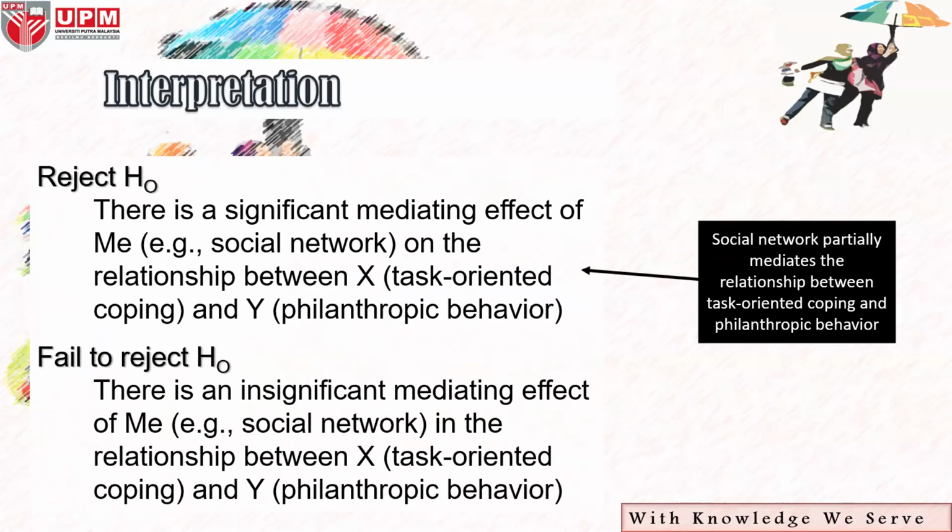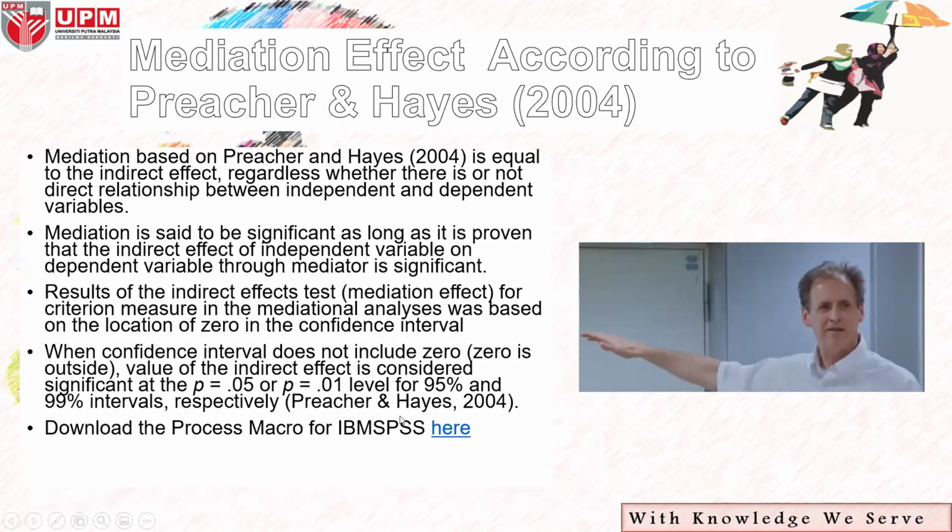We reject the null hypothesis, indicated that there is a significant mediating effect of the mediator, which is social network, on the relationship between X, which is task-oriented coping, and Y, which is philanthropic behavior. Okay, so we can interpret that the social network partially mediates the relationship between task-oriented coping and philanthropic behavior. So ini kalau fail to reject. Okay, so far so good. Boleh proceed lagi, sikit lagi.